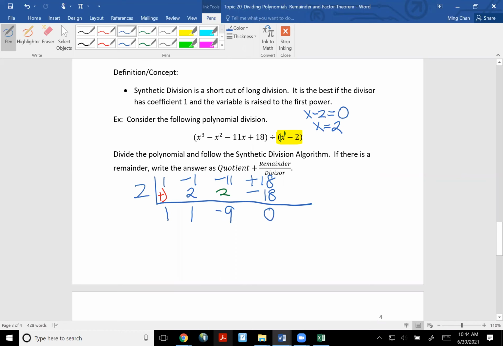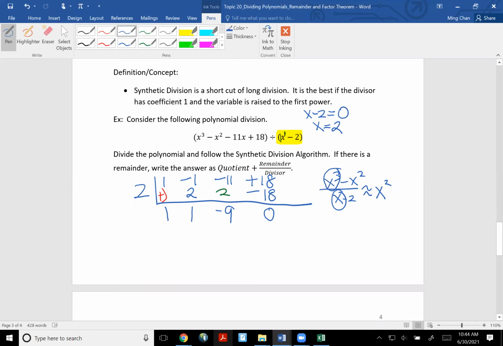Think about this. When you divide x minus 2 into x to the third minus x squared, when you take x going into x to the third power, your answer should be about x squared. When you're dividing, you're actually taking the exponent downward.